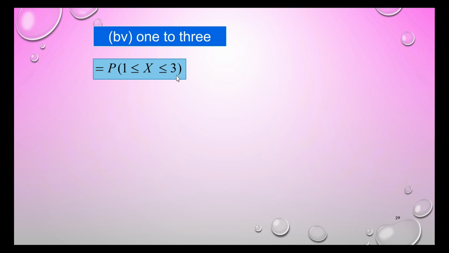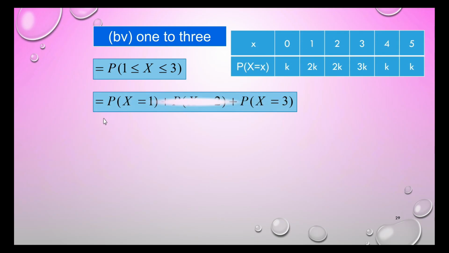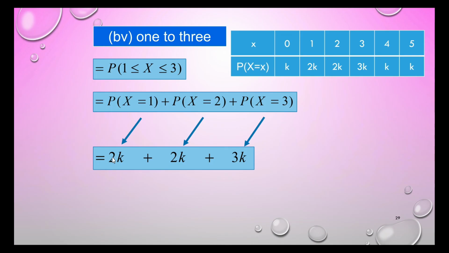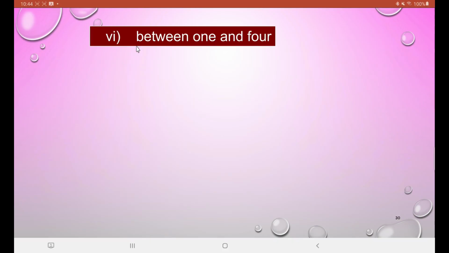So the probability x more than or equal 1, less than or equal 3 is, we find the sum P(x equal 1), P(x equal 2) and P(x equal 3), and then we substitute the values and we get 7k. So we substitute k equal 1 over 10 and we get the answer 7 over 10.